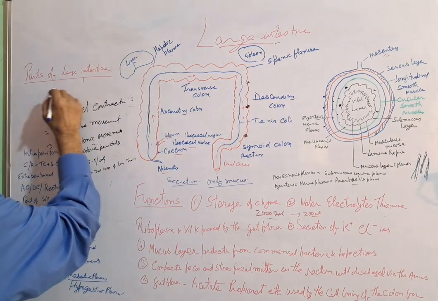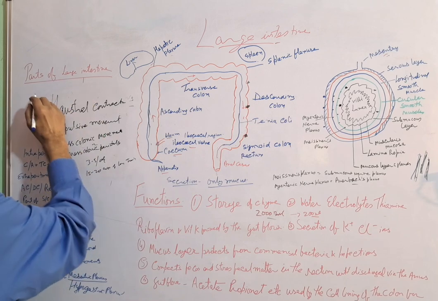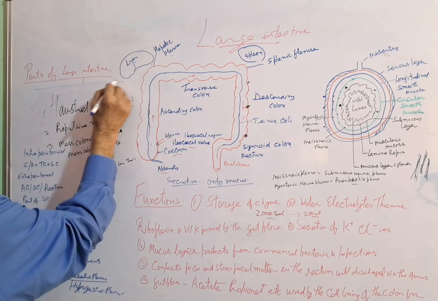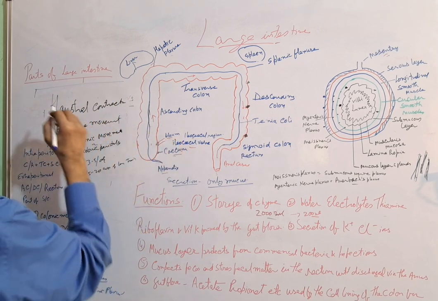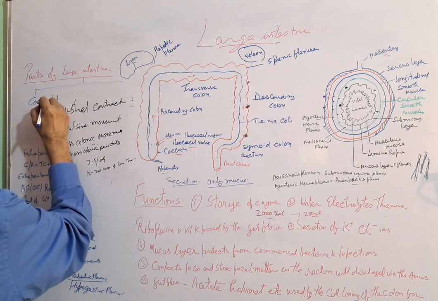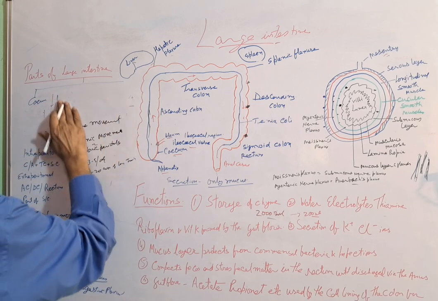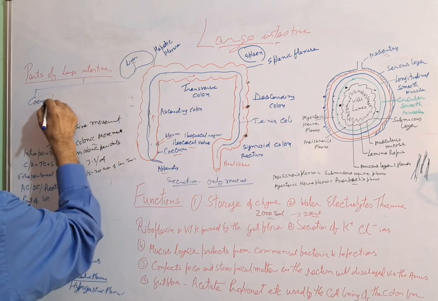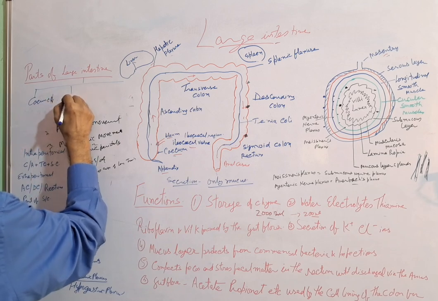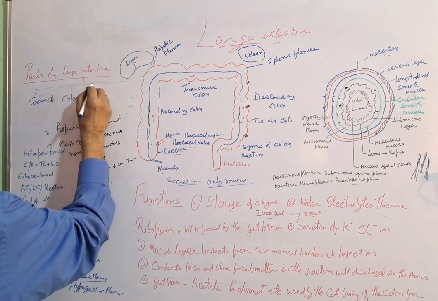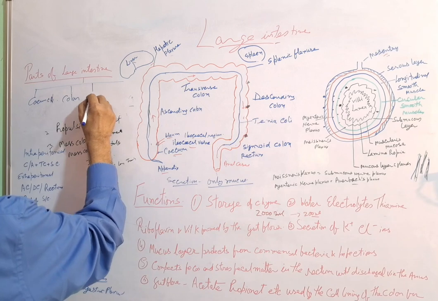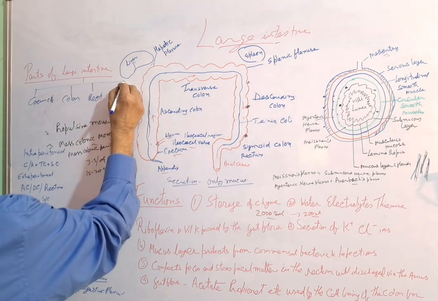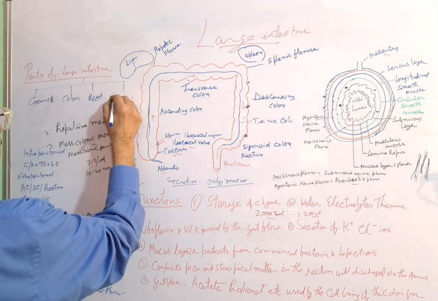Okay, what are the parts of the large intestine? Number 1, cecum with appendix, then colon, then rectum and anal canal.